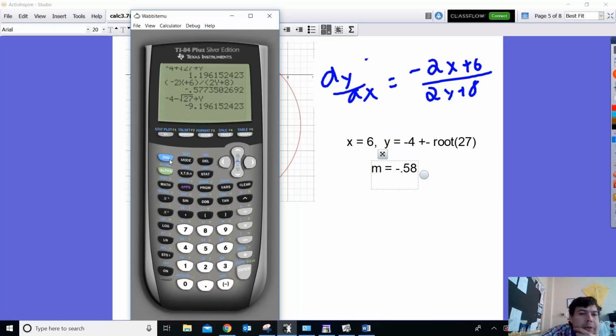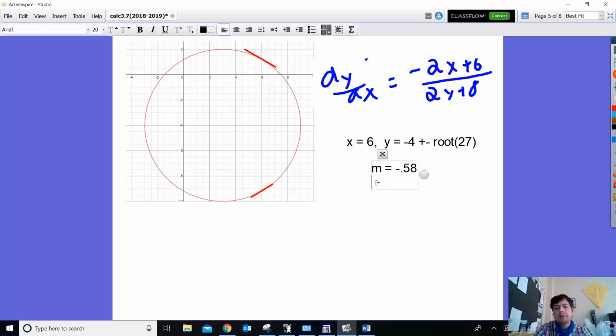Then second enter twice, and I should be able to bring up that equation I typed in. Yep, same thing, just positive. So remember that when you do a circle, you really only have to pick one number. It's just a plus and minus because of the shape of the circle.